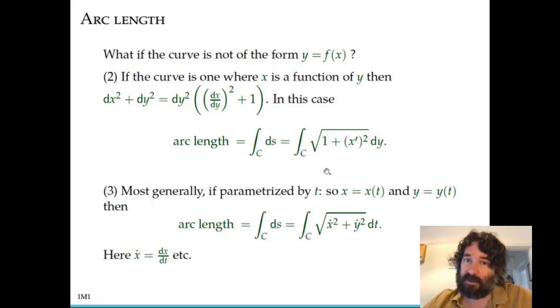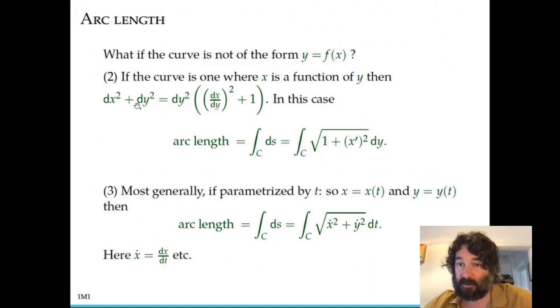Even more generally, we could say, what if we can't parameterize by y either? We can introduce some other parameter t, similar to when I discussed line integrals of differential forms, and get that the arc length is still the integral over C of ds. So the basic formula for the arc length still remains the same. And then you simply plug in x prime of t dt for dx and y prime of t dt for dy.